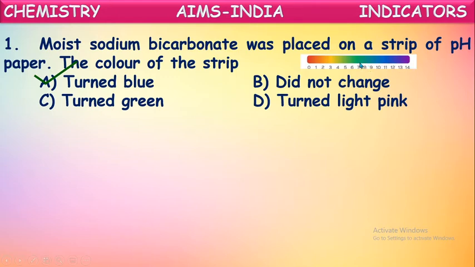If it is an acidic substance, its color will be red. If it is a neutral substance, its color will be green. In this way, the pH paper shows different colors with acids and bases. As moist sodium bicarbonate is a basic substance, the color of the pH paper turns blue.